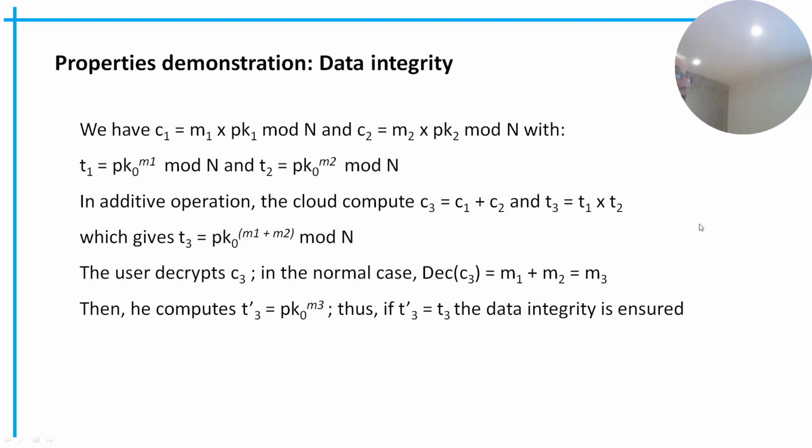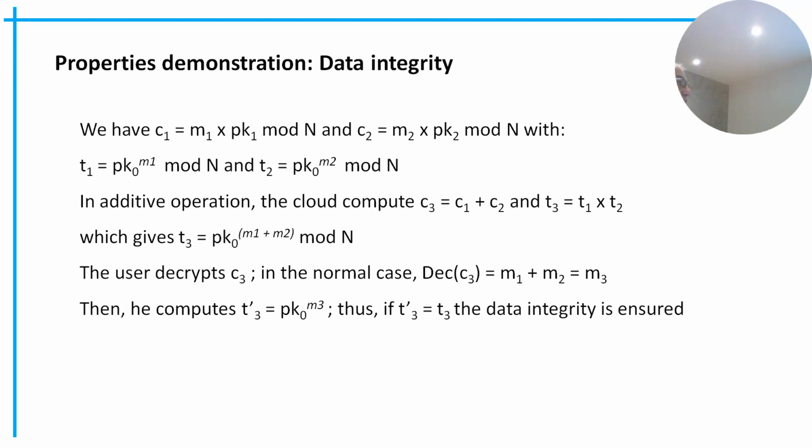They do keep the data integrity. C1 is M1 times PK1 mod N, and C2 is M2 times PK2 mod N, T1 is PK0 to the M1, and T2 is PK0 to the M2.